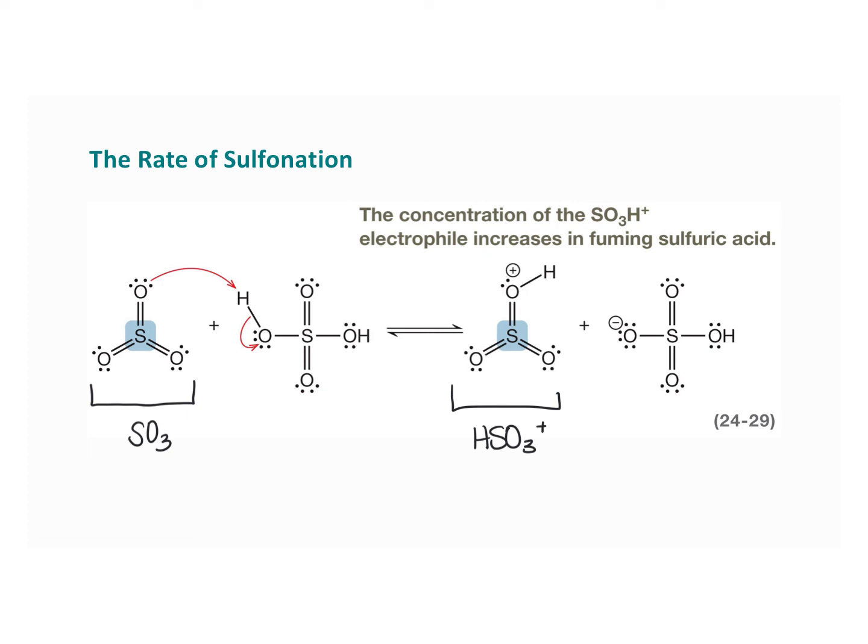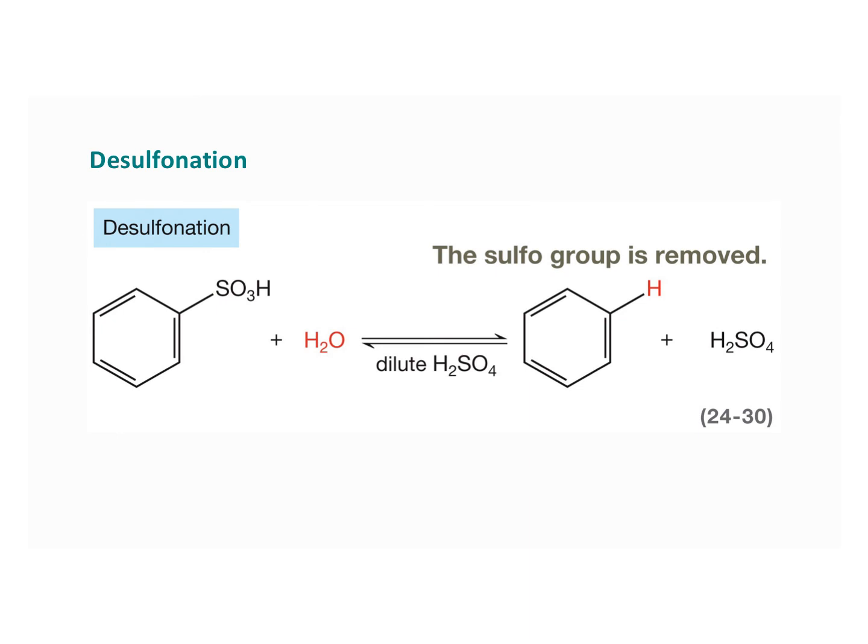Now, although most of the electrophilic aromatic substitution reactions we've looked at are generally irreversible, sulfonation is an exception. Sulfonation is reversible through a process called desulfonation.